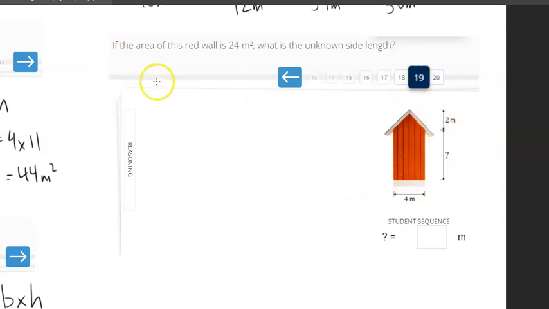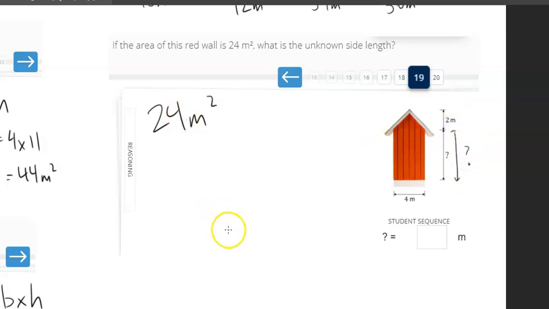If the area of this red wall is 24 squared meters, what is the unknown side length here? We know that our base here is 4, and the height from the bottom of the roof to the top of the roof is 2 meters, and what we're looking for is this random length here.